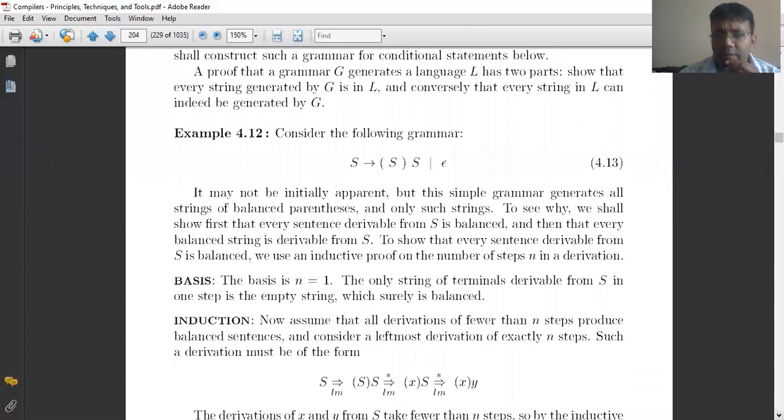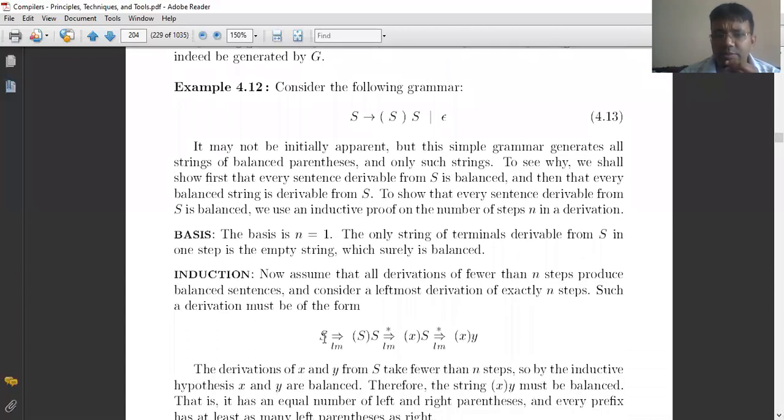Now we have one of these examples. Suppose LM means leftmost, so the change happens at the leftmost symbol, and if it is RM, then it becomes the rightmost one. So consider the following grammar. We have this induction: assume that all derivations of fewer than n steps produce balanced sentences, and consider a leftmost derivation of exactly n steps.